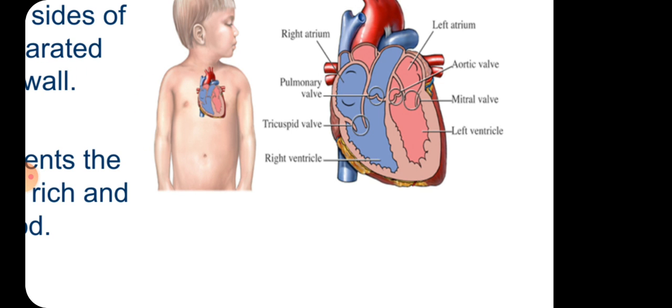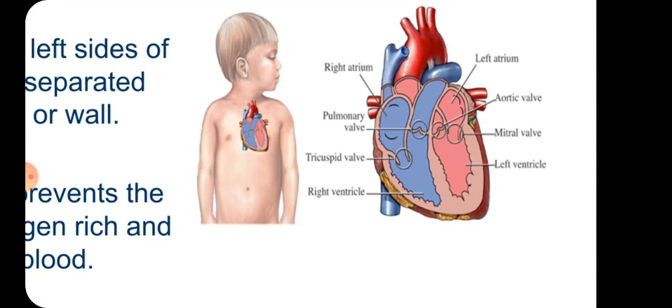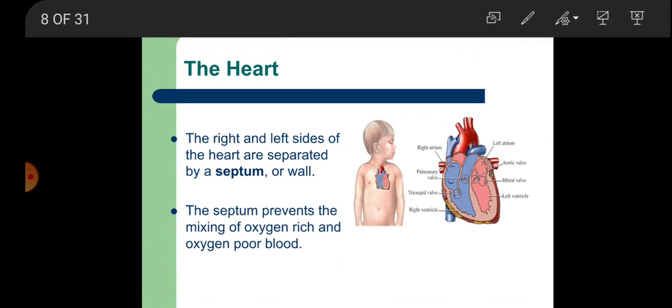The left side always has pure blood and the right side has the impure blood. Here you can see the left atrium, the aortic valve, the mitral valve, the left ventricle, the right ventricle, tricuspid valve, pulmonary valve, and the right atrium.